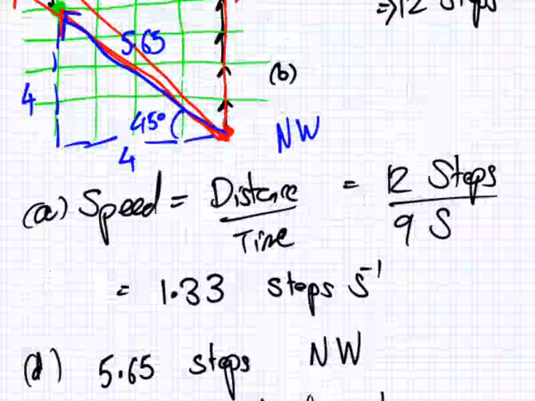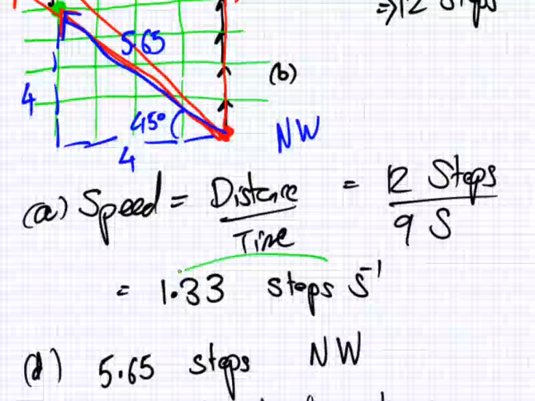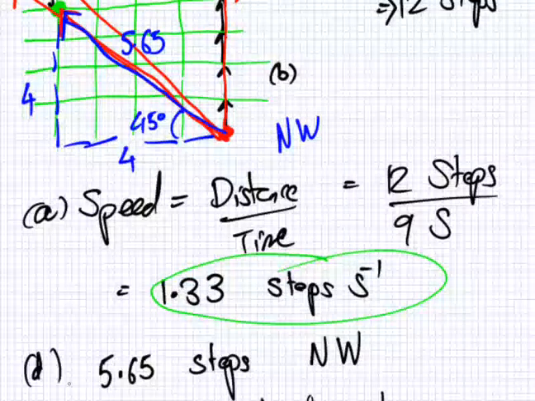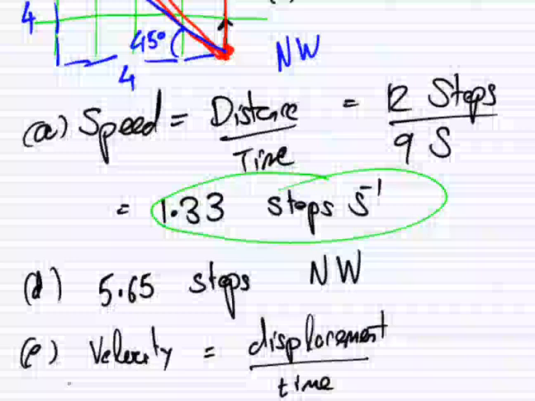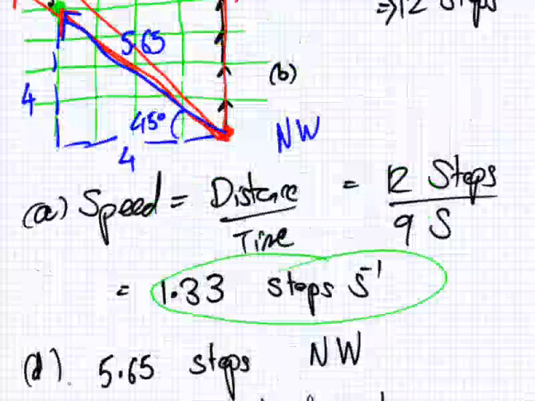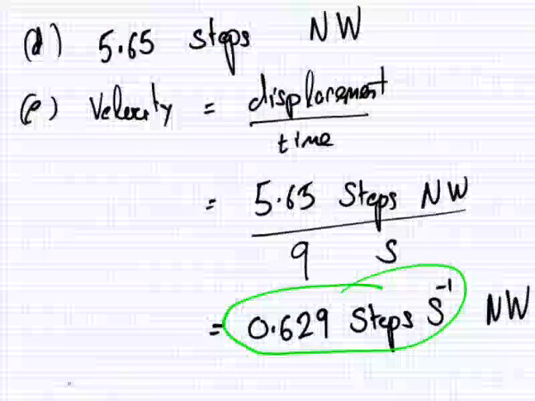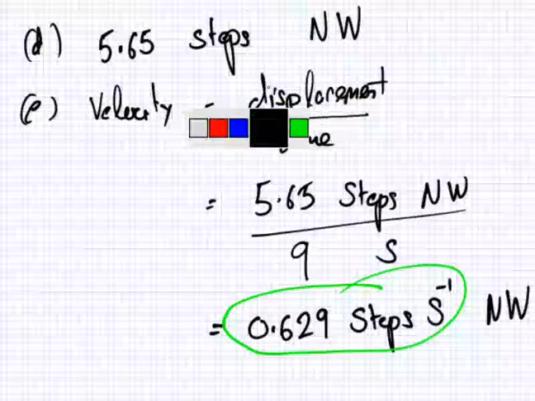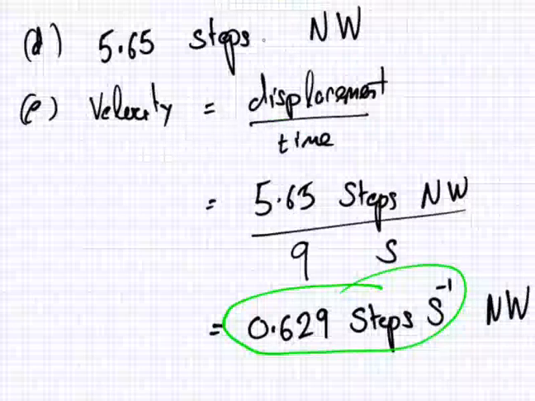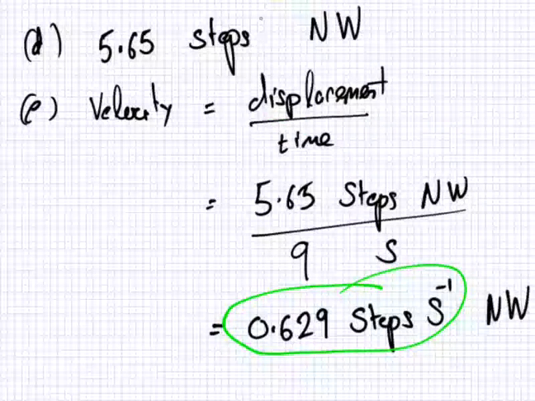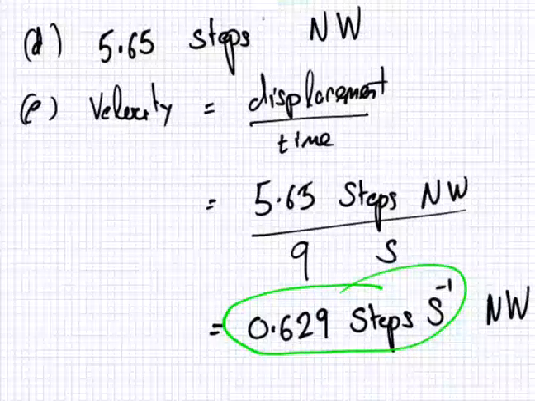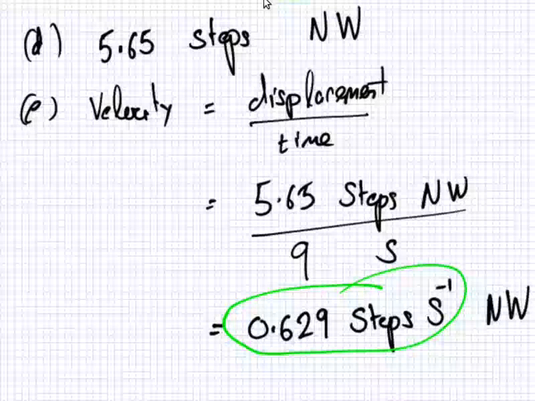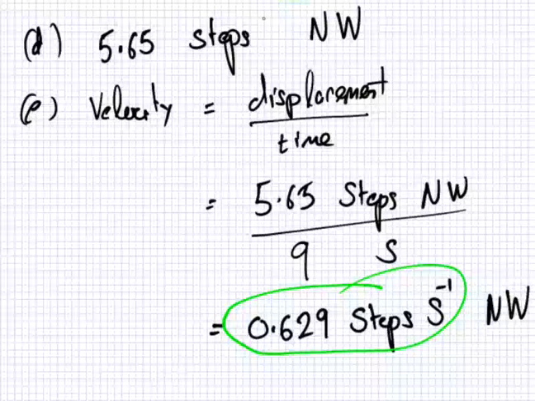No, that's 4. 5 steps west. 1 step east, so he goes back a step. And then finally 1 step south. Now it might actually be helpful if you did this on graph paper. So you can see that he ends up here.